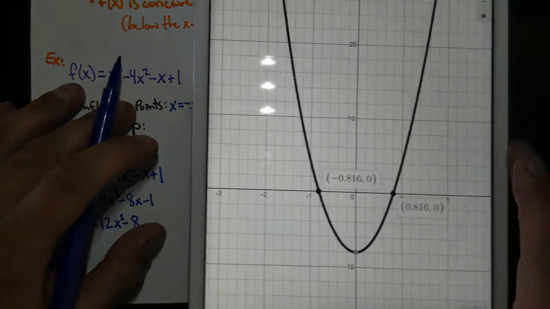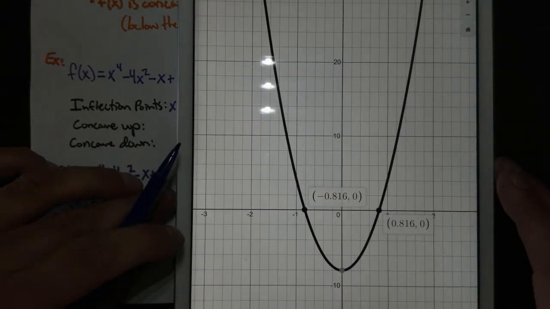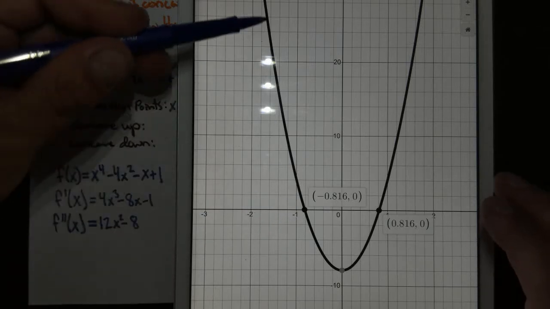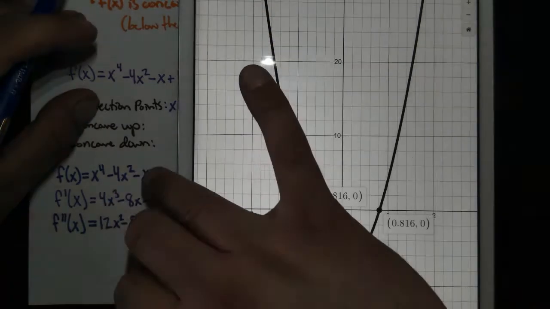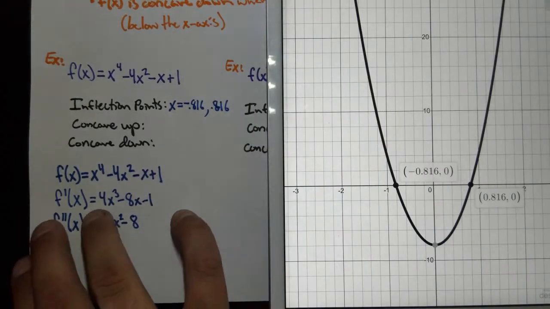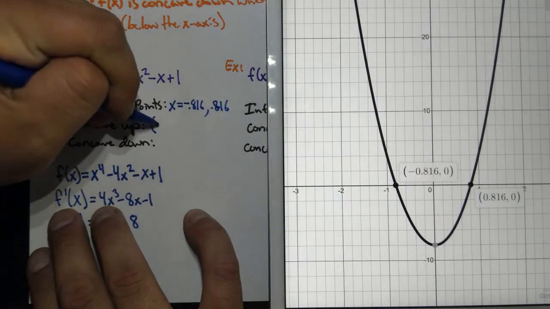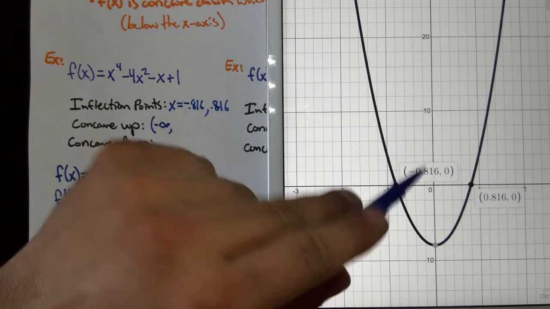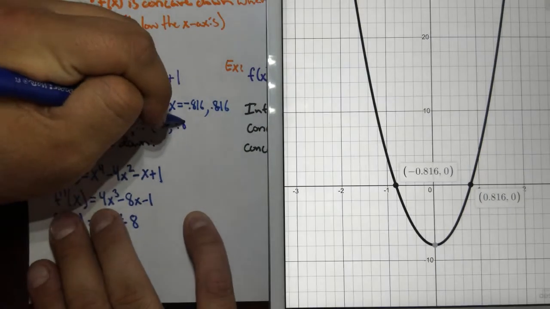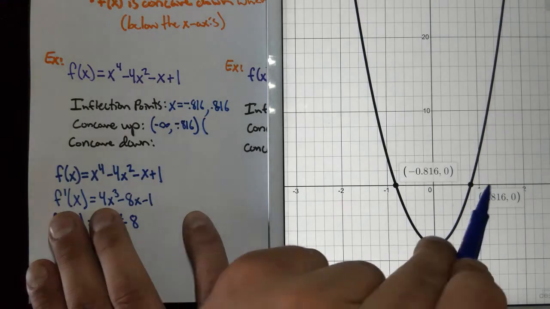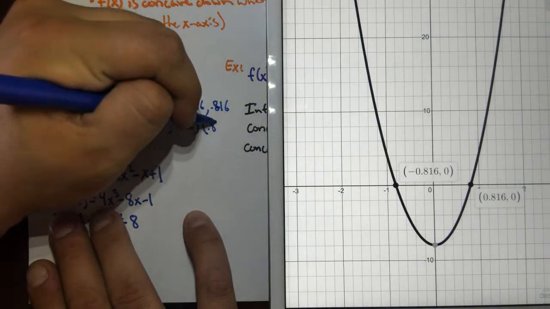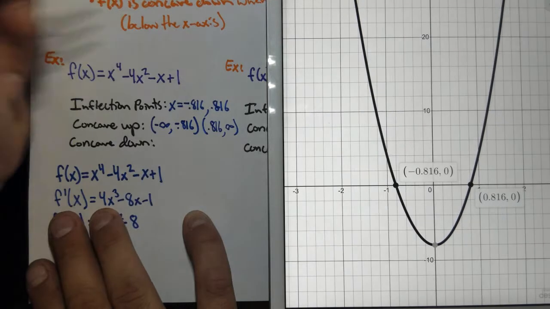So let's see. It's going to be concave up. Well, let's talk about it. There's going to be two sections where it's concave up. It's going to be this section on the left and this section on the right. So where is that in terms of x? Well, it's concave up from negative infinity to this point at negative 0.816, and then it's concave up again from 0.816 to positive infinity.